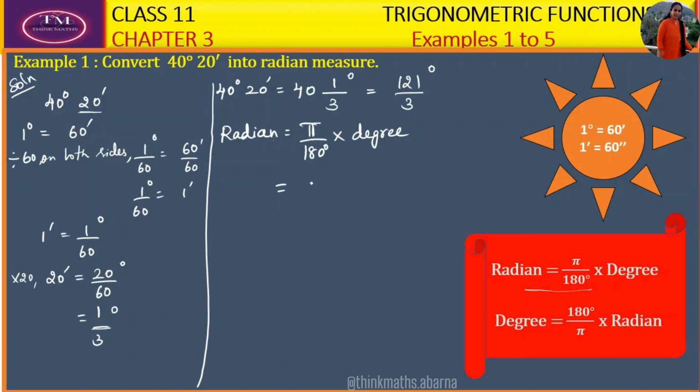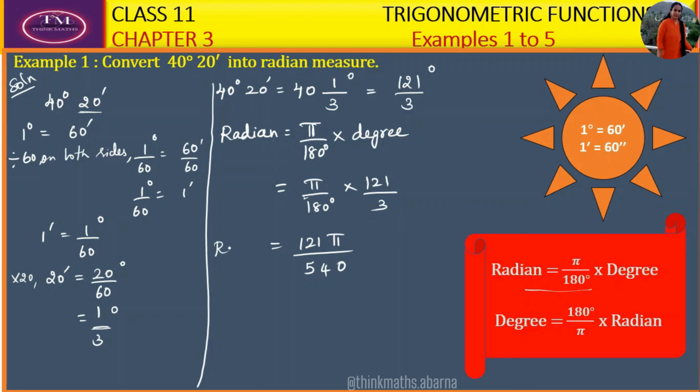So it is pi by 180 degree into 121 by 3. Here we cannot cancel anything, so we just multiply. Pi into 121 is 121 pi. 180 into 3: 3 zeros are 0, 3 eights are 24, balance 2, 3 ones are 3, 3 plus 2 is 5. So this is the value.